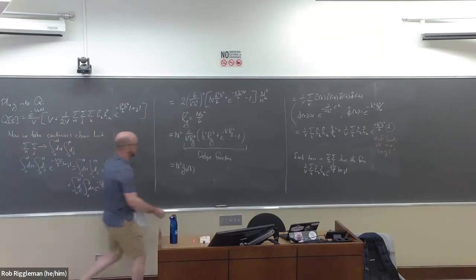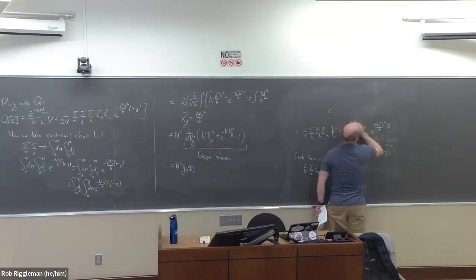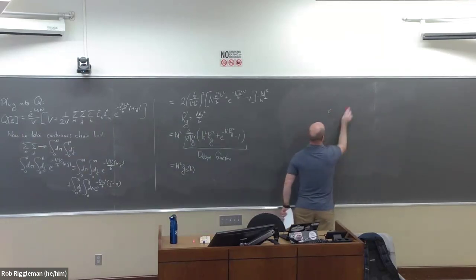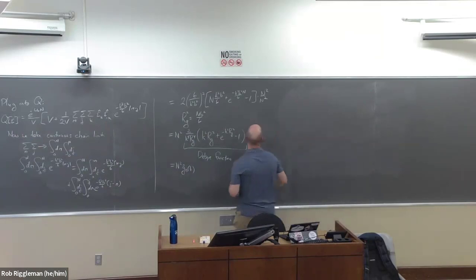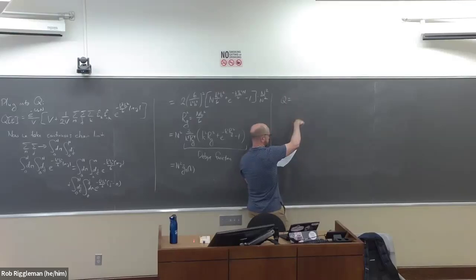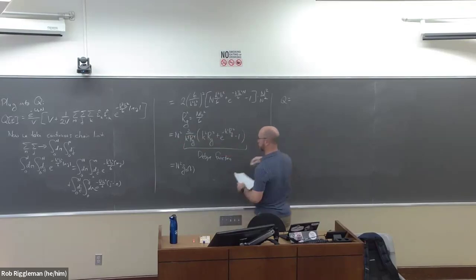So Q comes out to be, let me write that out. Q simplifies out to B, and I'm going to distribute the prefactor of V through the thing.